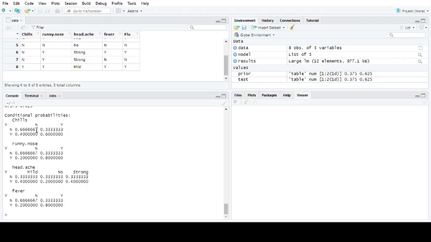But you then get to a point where if you say, I want to know, and this is where it becomes a classifier.